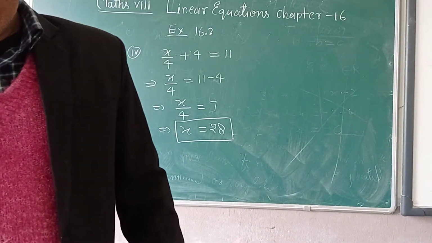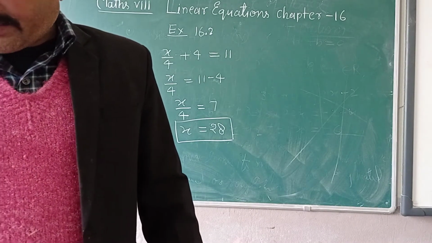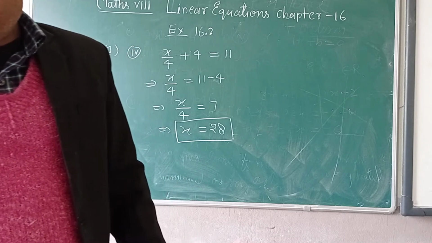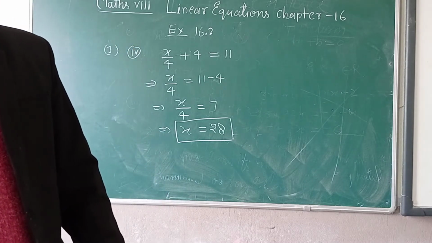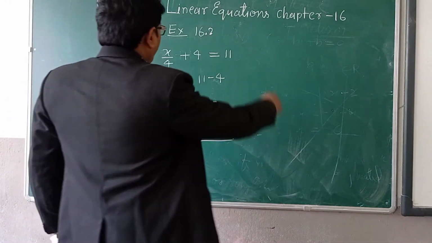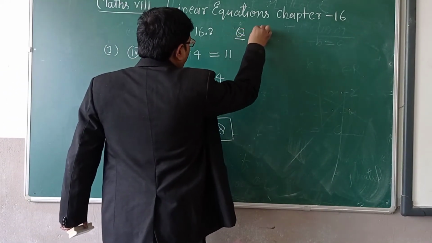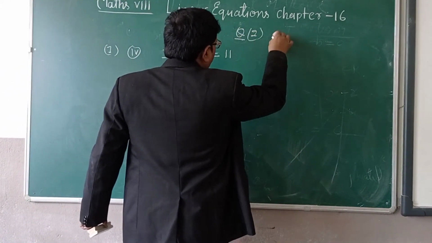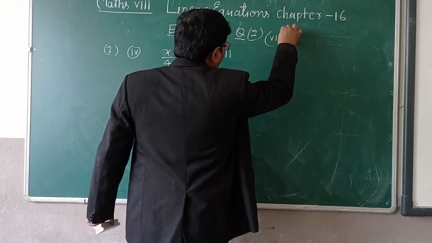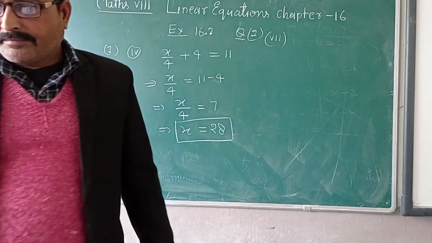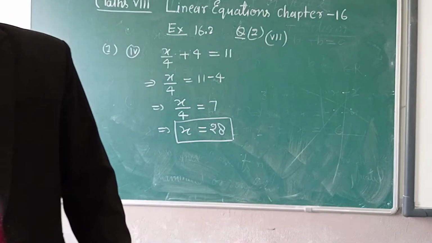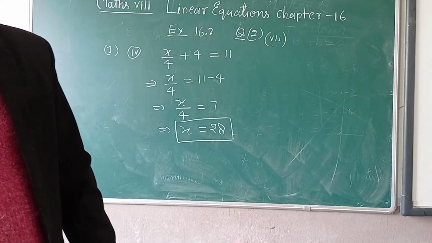Now question number 2, the 7th and 8th. Given 3x minus 1 by 4 is equal to 2.